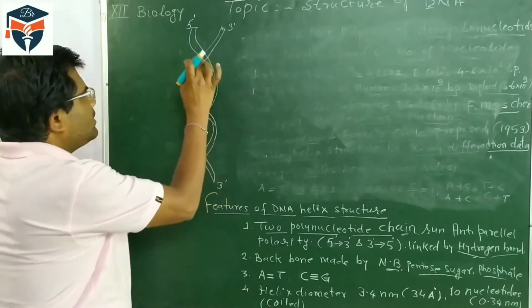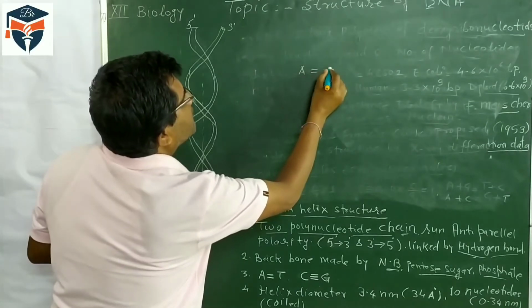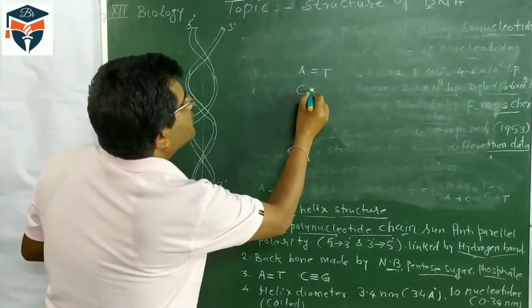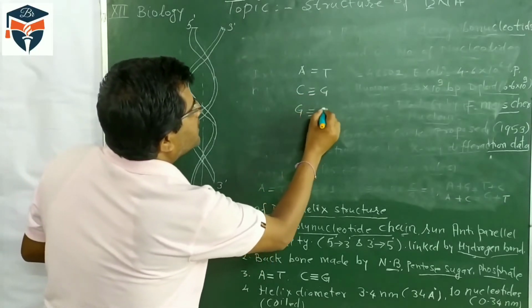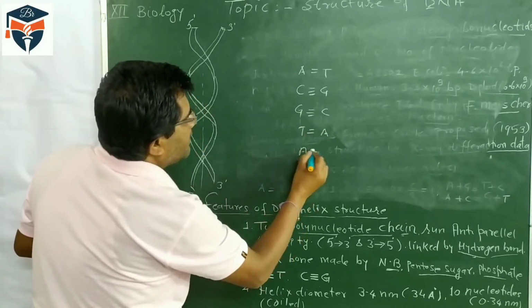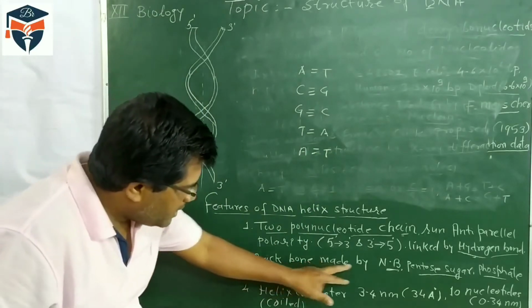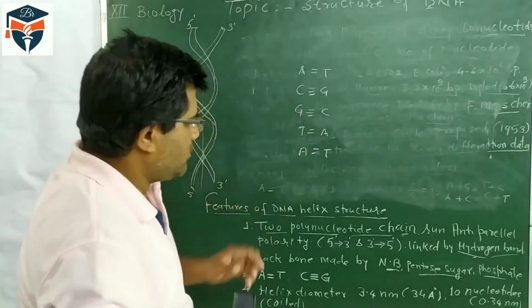The internal structure of DNA is the nitrogenous bases: adenine, thymine, cytosine, guanine, with guanine combining with cytosine, and adenine combining with thymine. This is the nitrogenous base, and these are also nitrogenous bases.